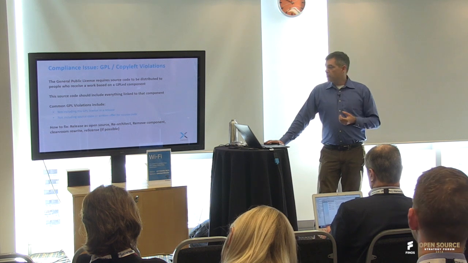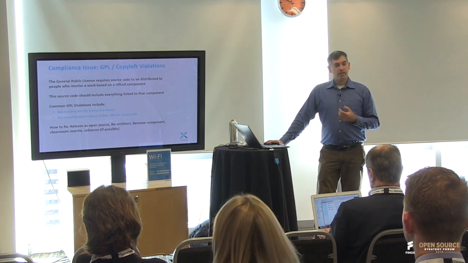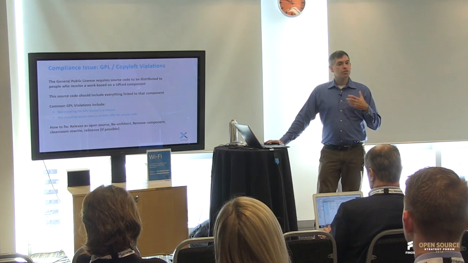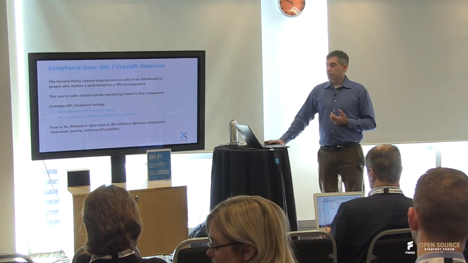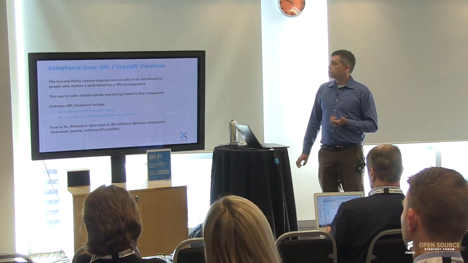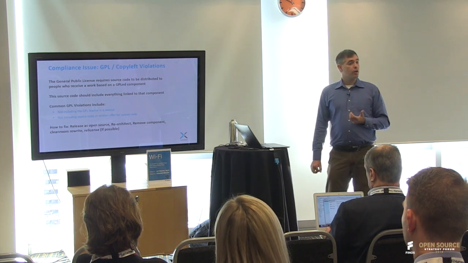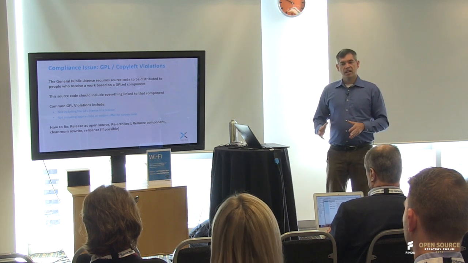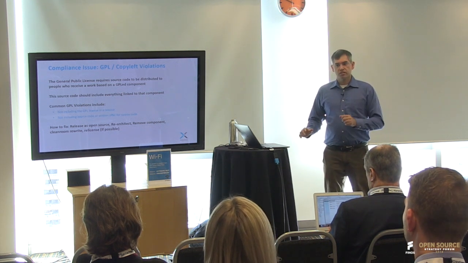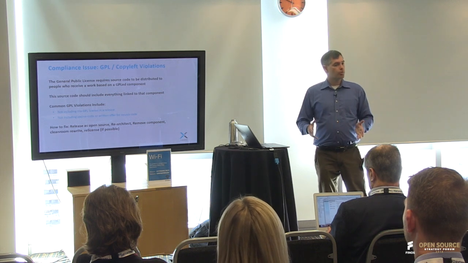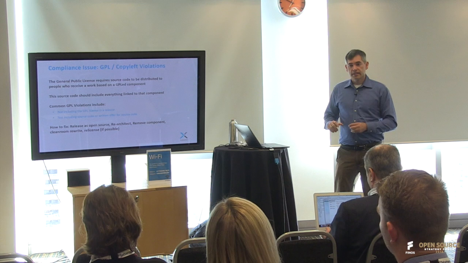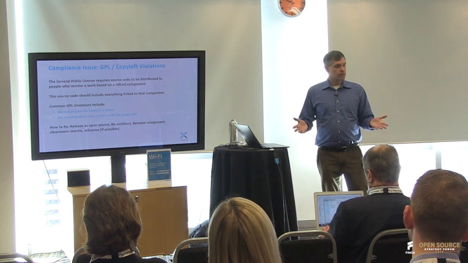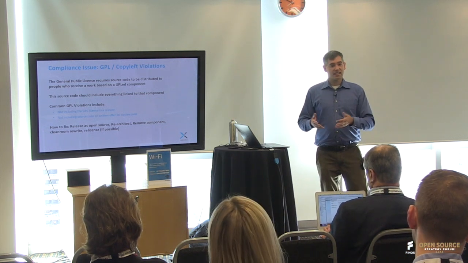So I'm going to go through about 5 or 6 of the issues that I have found have really stopped mergers and acquisitions, released software shipments and delivery, and also has caused problems with the sales process. So probably one of the biggest issues that we see here is around GPL violations, or using copyleft, these strong licenses that basically say, if you're shipping a product and you're using content under these open source licenses, the expectation is you're going to give away the source code to the product, anything that links to it.